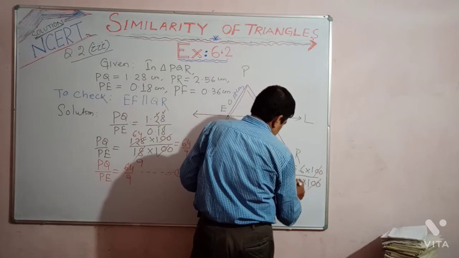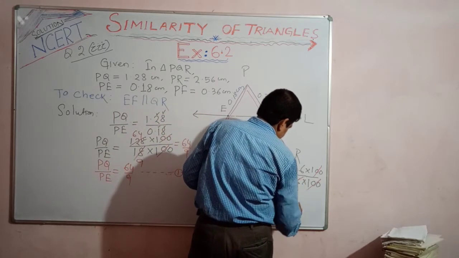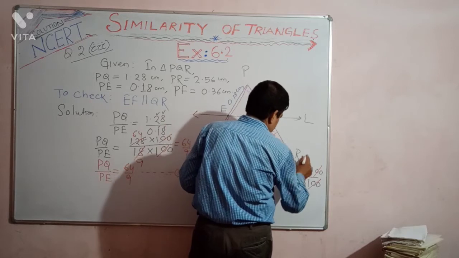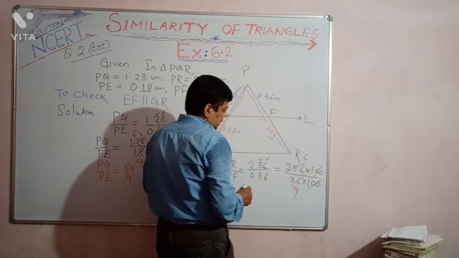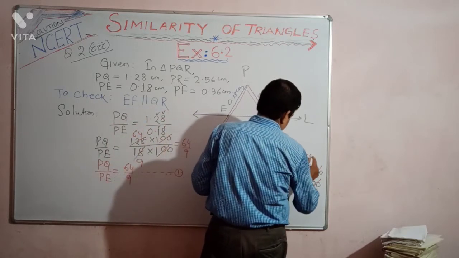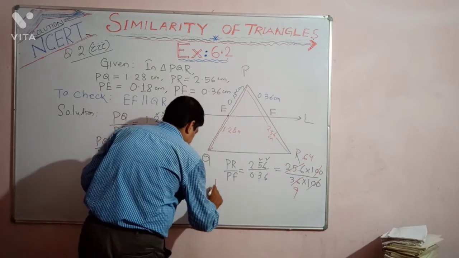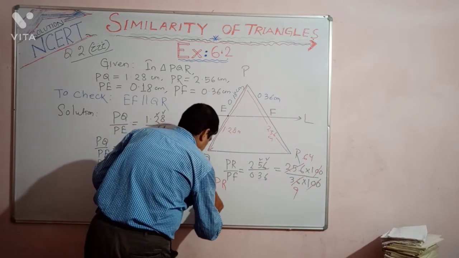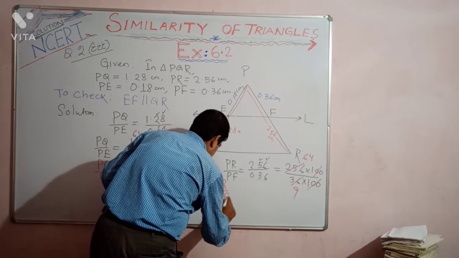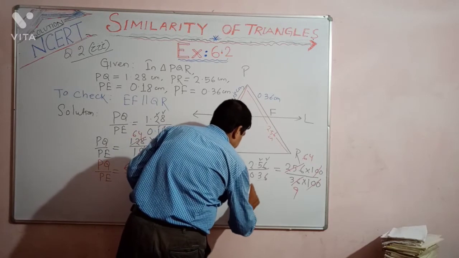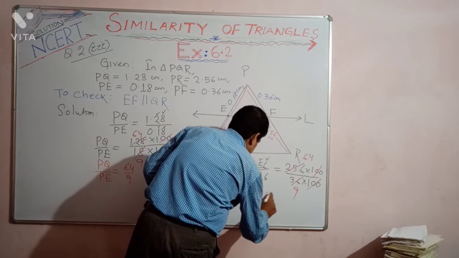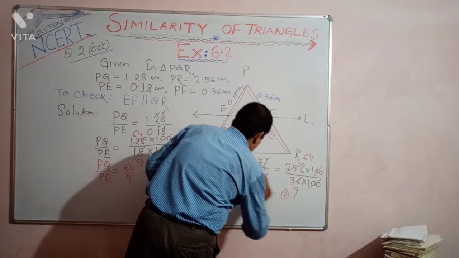You cancel 4 and 9, and you see 4 6 24, 1 16, 4 4 16. So we got here PR upon PF is equal to 64 upon 9. So you see we got the same value.